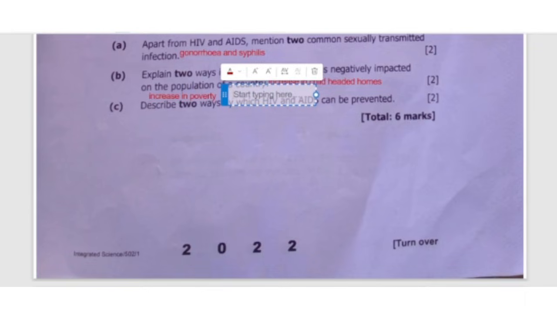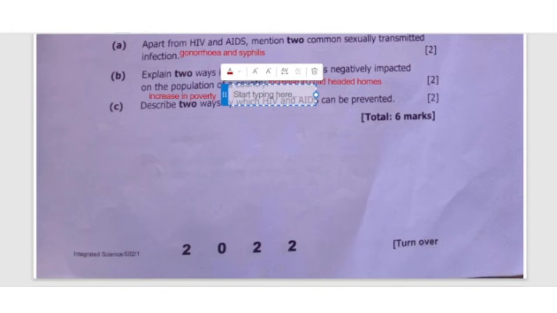The other way around, because many people have HIV or AIDS, that means they are likely to be sick often. They will always be admitted or visiting the hospital. So the hospitals will have a lot of patients, putting pressure on the health sector.